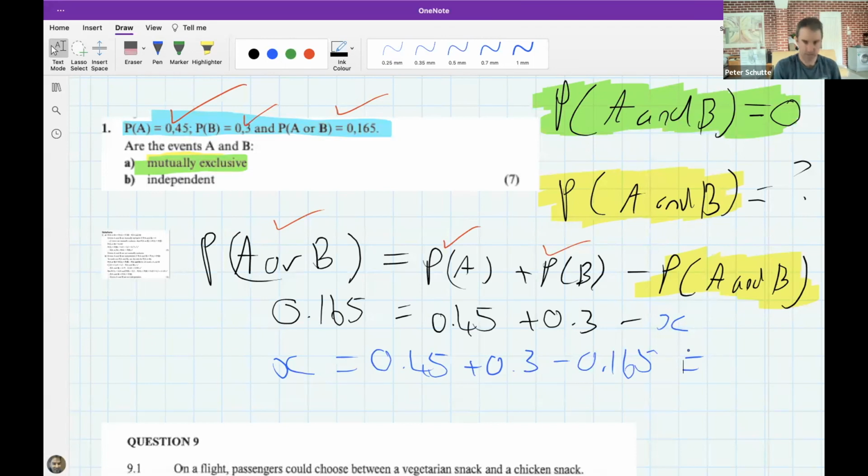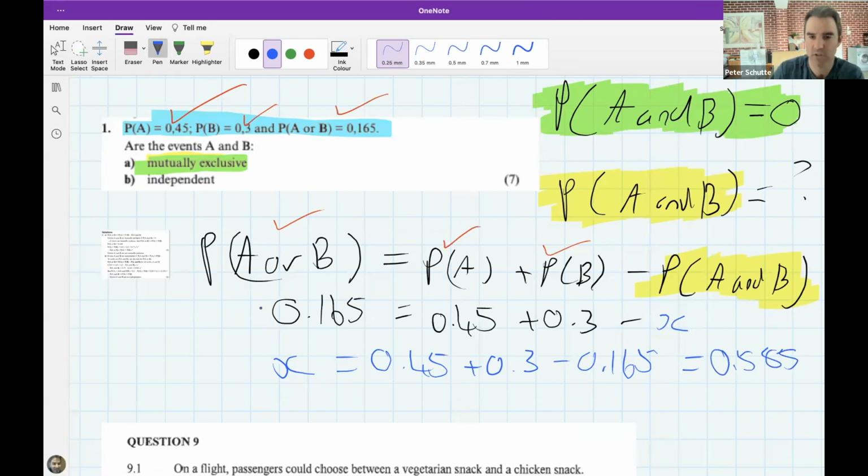What do I get on my calculator? So I get 0.585 for that. So what does that mean about being mutually exclusive?